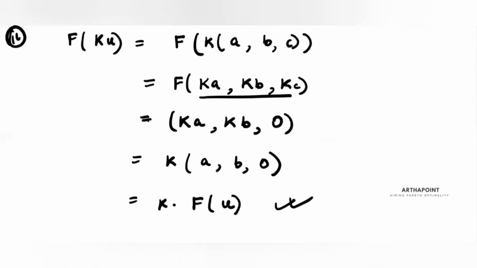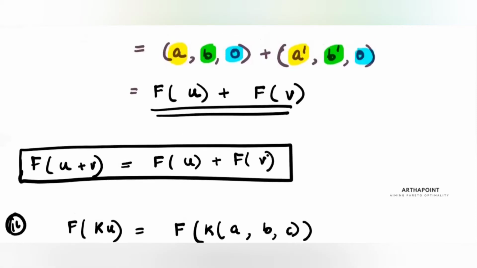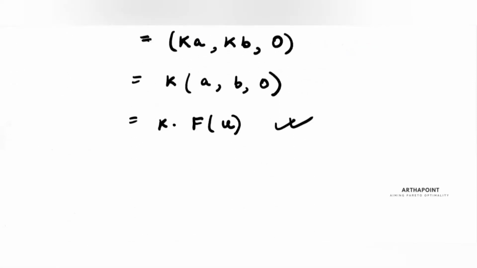Because this scalar property holds true, and the additive property holds true, therefore I can say that f of x, y, z is equal to x, y, 0.